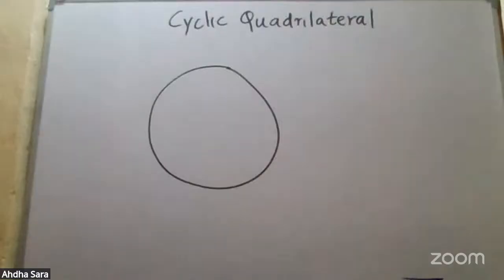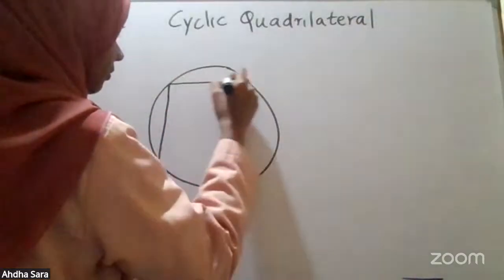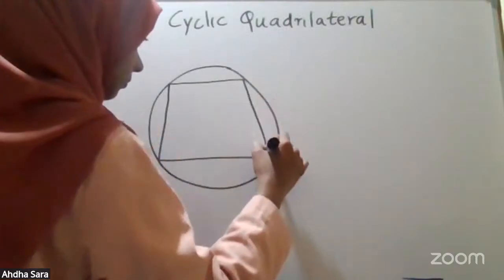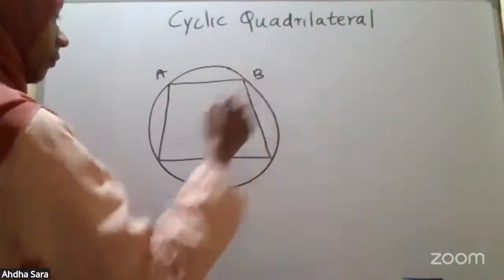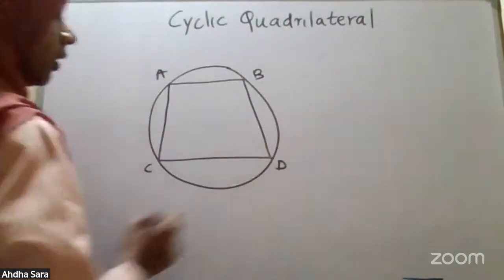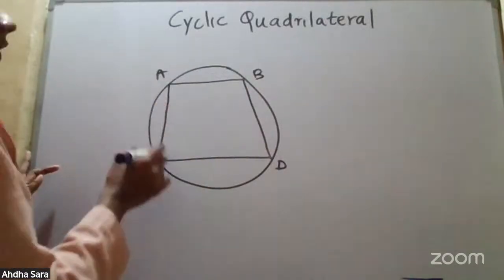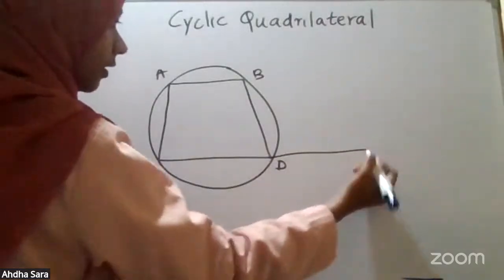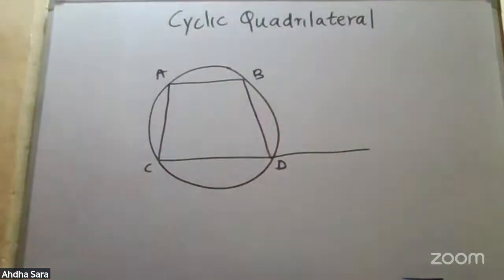The theorem 2, we have a quadrilateral ABCD, and you have the side CD that is produced.